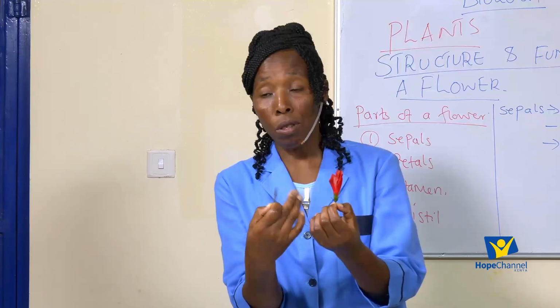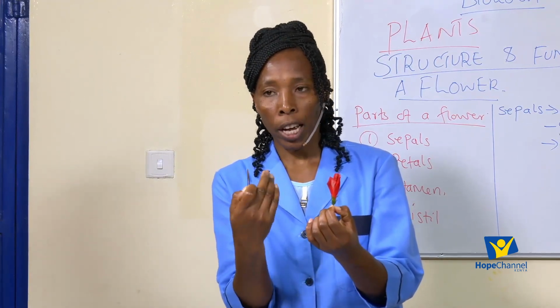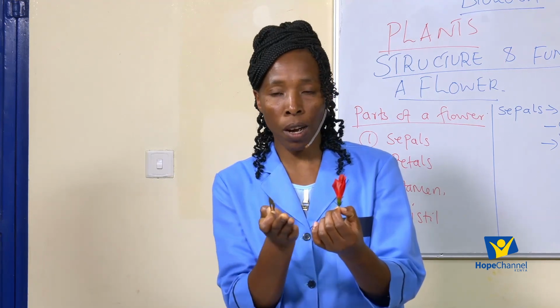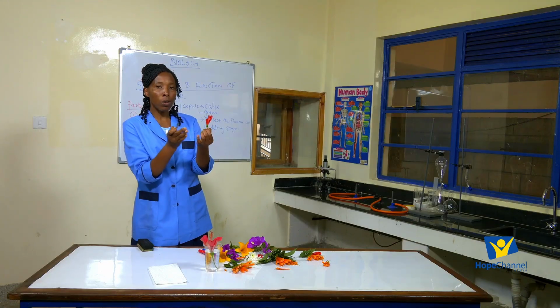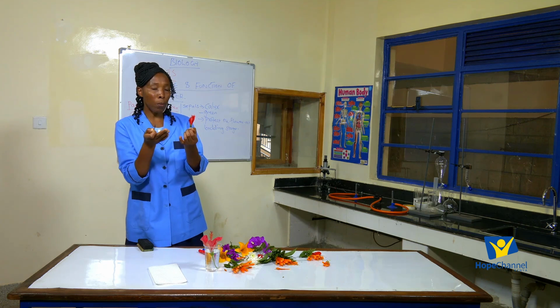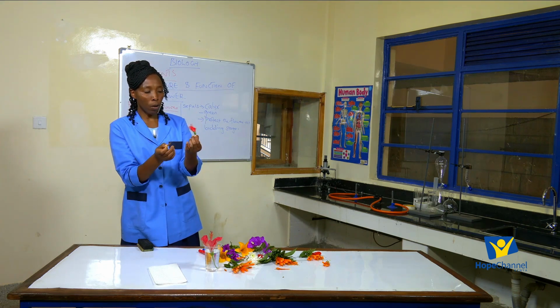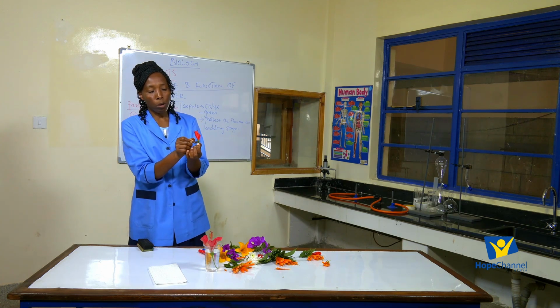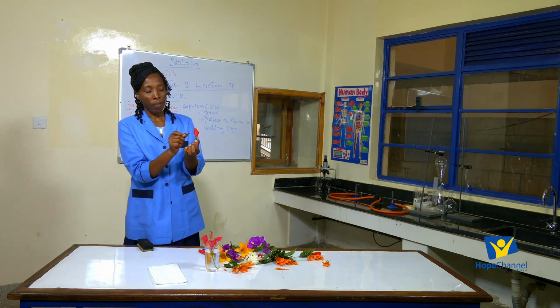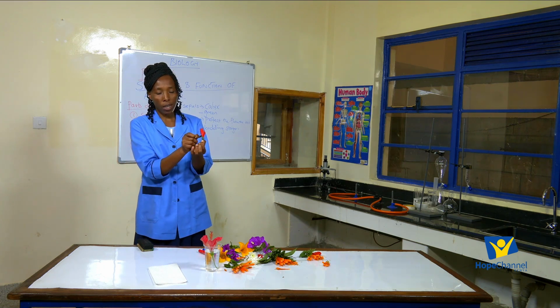Remember, you can count the floral parts of a flower and use them to place plants into different classes, whereby we have the monocots and the dicots. So for this case, when I talk about the calyx, calyx refers to the sepals.